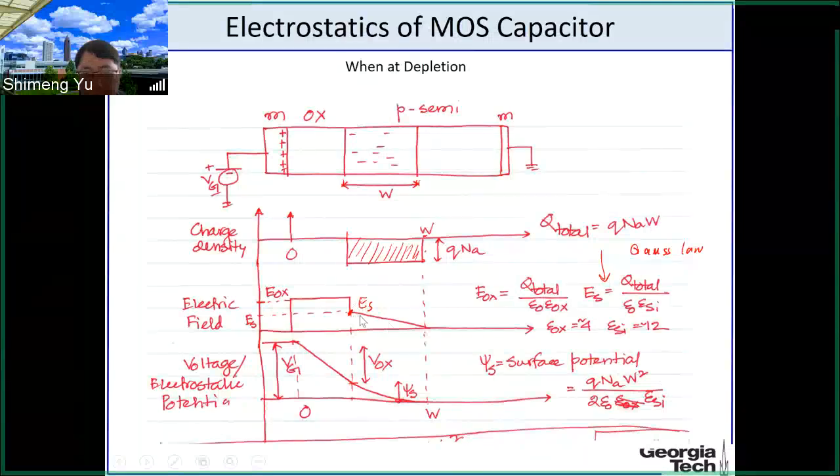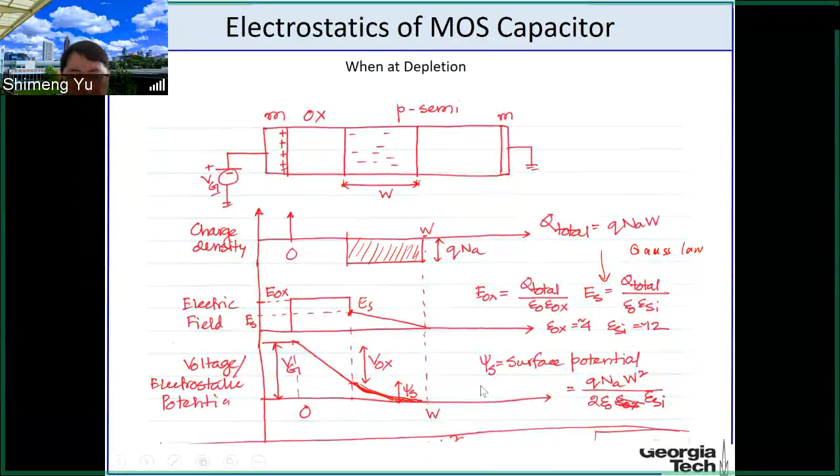And you know this is a straight line, that means a linear function. A linear function will become a second order parabolic function if you do the integration. So that's why this is a parabolic second order function.